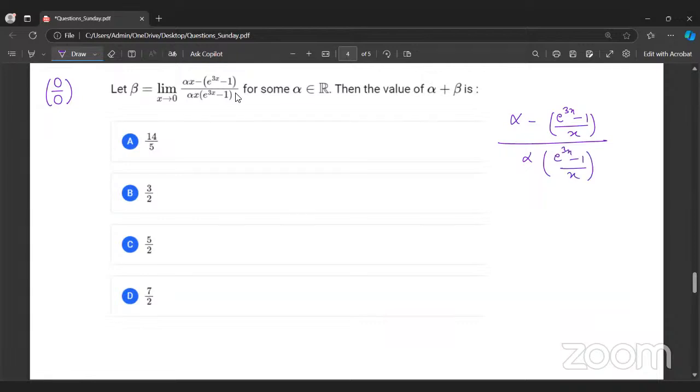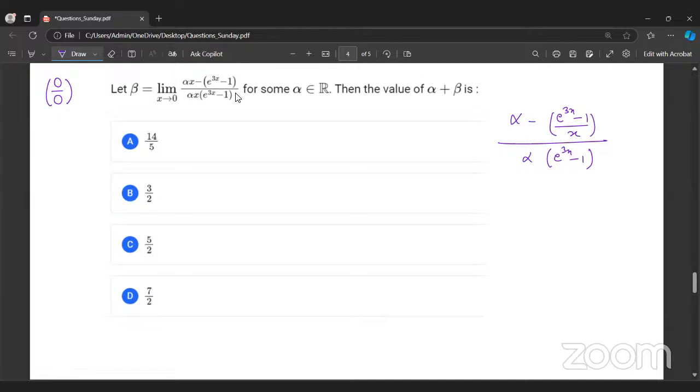Is this correct, everyone? I am just dividing the numerator and the denominator by x. So this is what you will get.